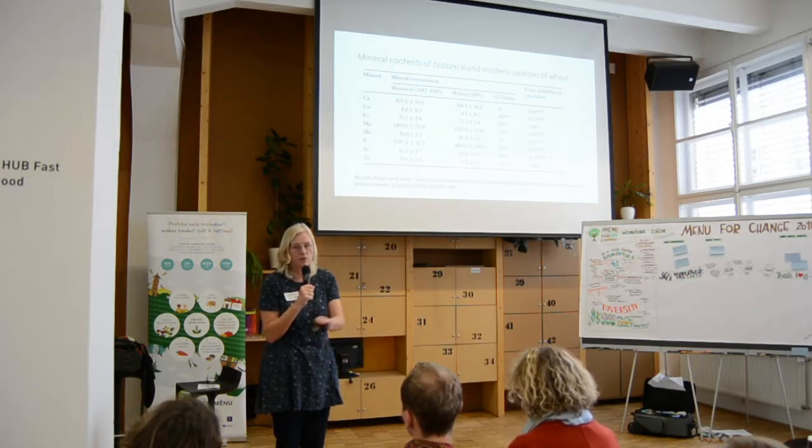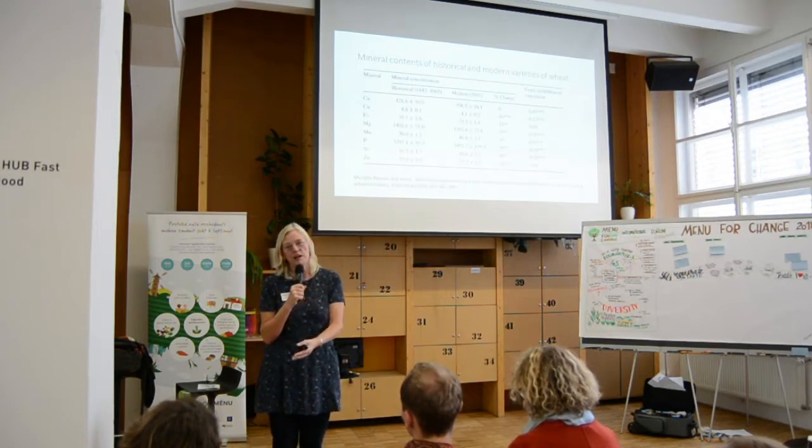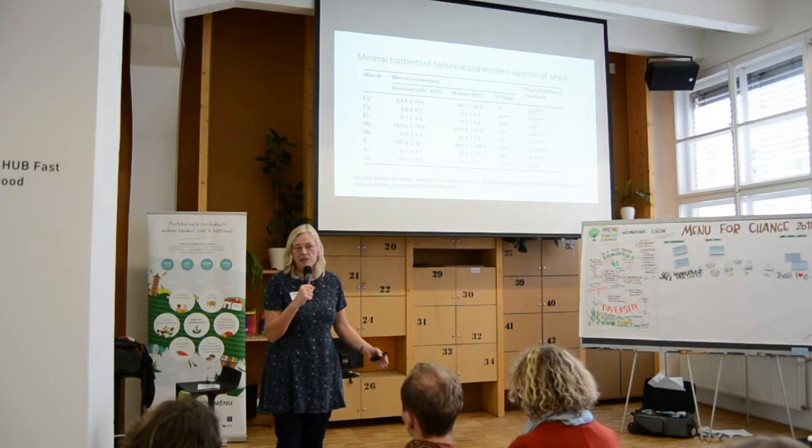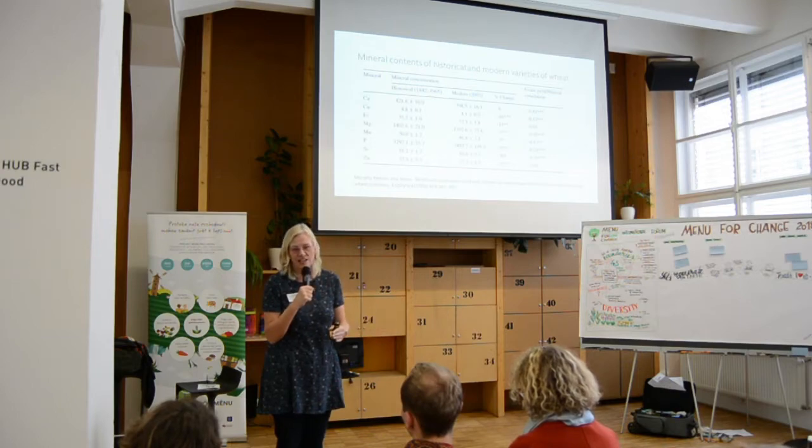But if we took an average basket of foods now compared with an average basket of foods from the 1930s, it means you do need to eat a bit more of something to get all the nutrients that you need, or you need to change your diet and have more nutrient-dense foods to get the same.